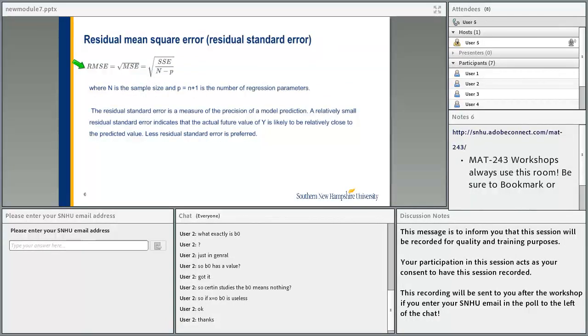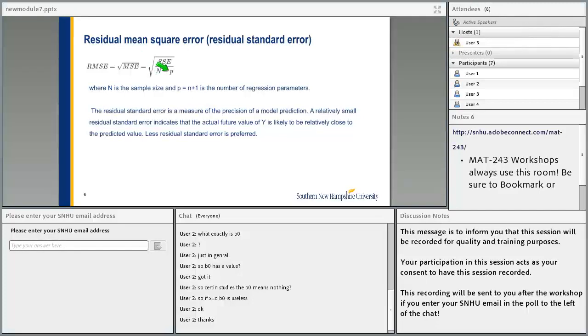Okay, the residual mean square error. So the residual mean square error is given as the square root of the residual mean square, which is nothing but the square root of the residual sum of squares over n minus p. So in the last couple of weeks, when you were reading Zybooks, you might have come across all these definitions, what each of these mean.